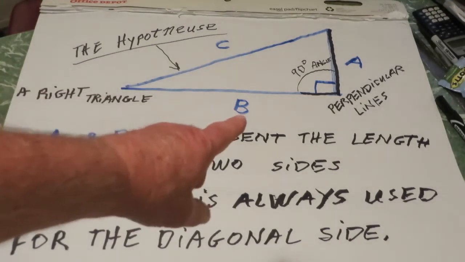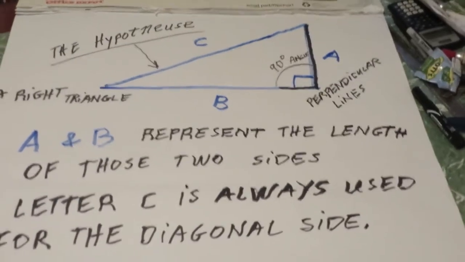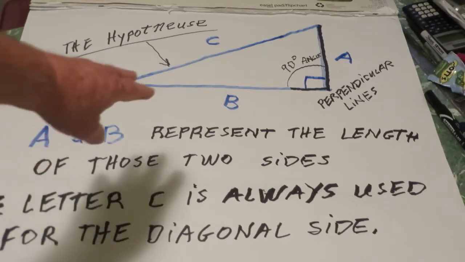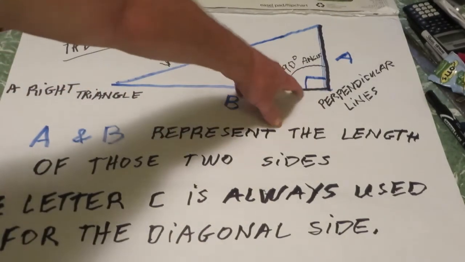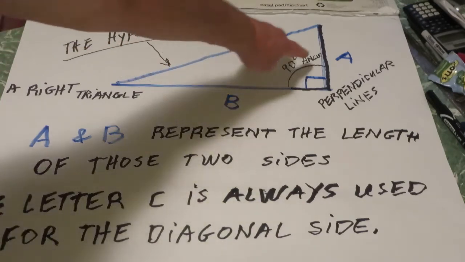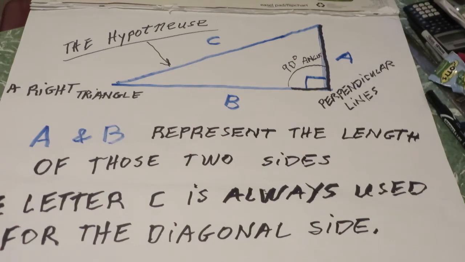This triangle is called a right triangle. A right triangle has one important characteristic. It has one right angle. When you see that little box, that usually means that's a right angle. It means that this line and this line are perpendicular, which means they're at a 90-degree angle to each other.